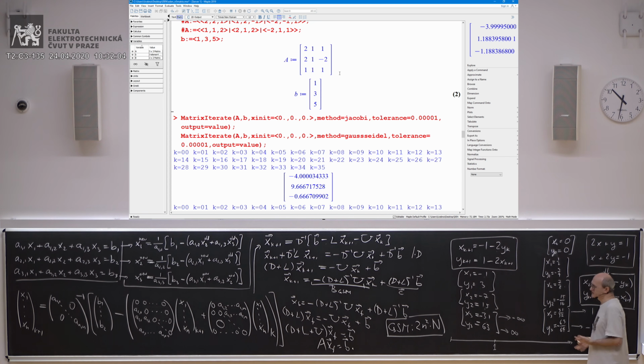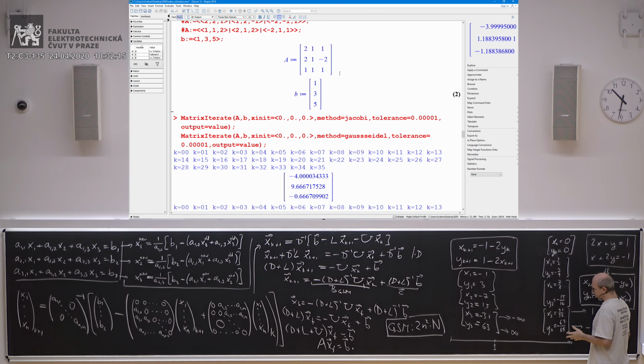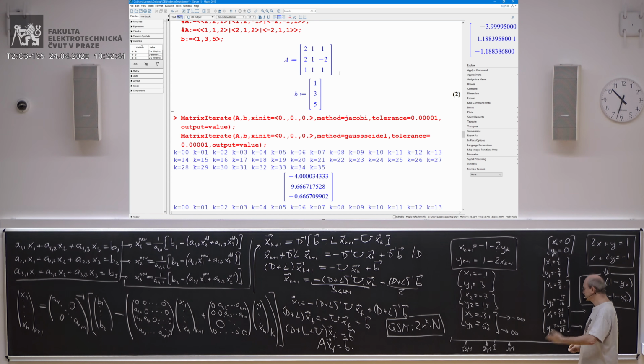Now, for many types of matrices, one can prove that the Jacobi iteration will have its spectral radius closer to 1 than the Gauss-Seidel method. What does it mean? It means that if the Jacobi converges, then also the Gauss-Seidel method must converge, and the spectral radius is farther from 1, which means that it's a smaller number, and we will get better convergence. On the other hand, if the Jacobi iteration diverges, then Gauss-Seidel has its spectral radius farther from 1.